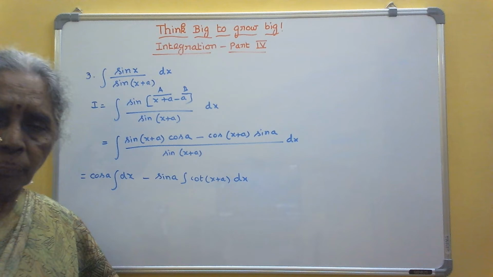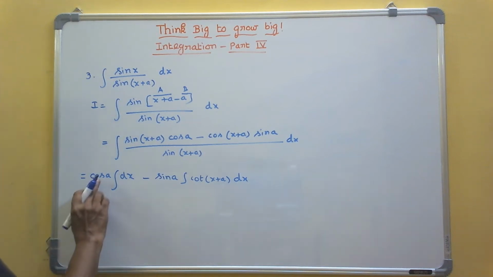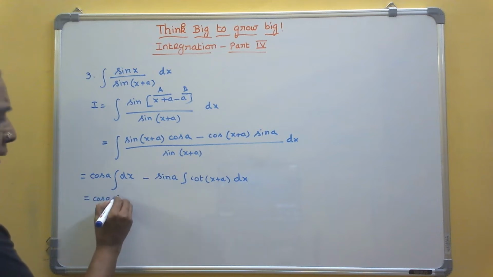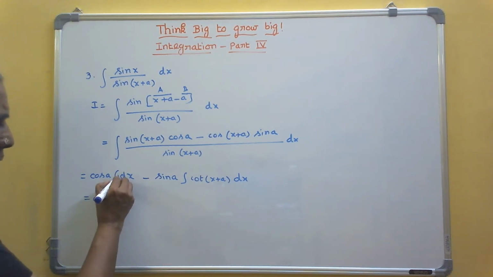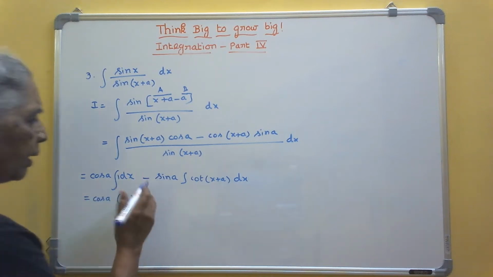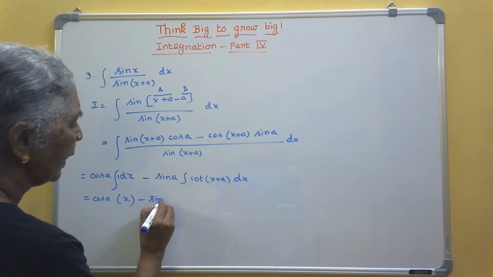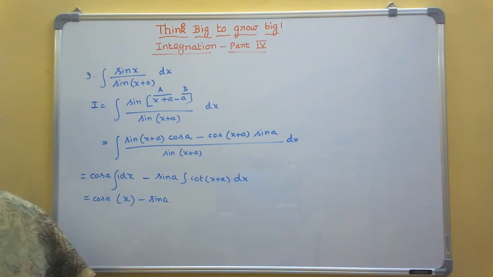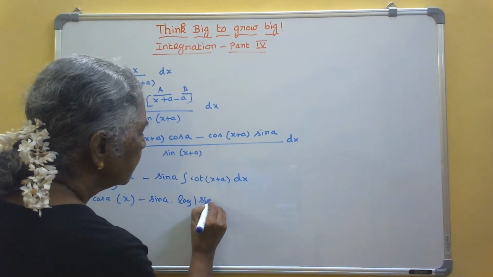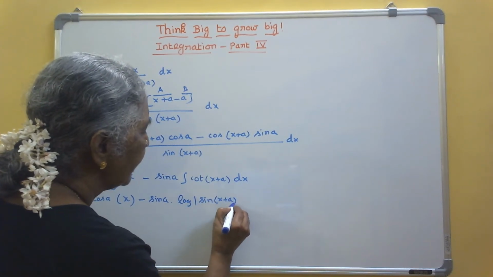Do you follow? Now, this cos a I can write as it is. Here I will get one x, because it is like 1 into dx. So that will be x. Here minus sin a you write as it is. The integration of cot of x plus a will be log mod sin of x plus a.